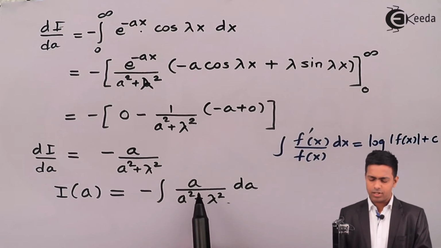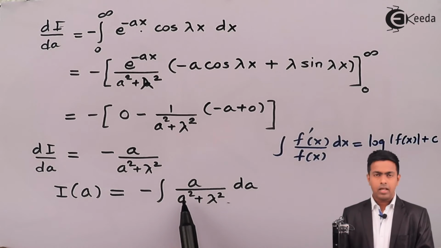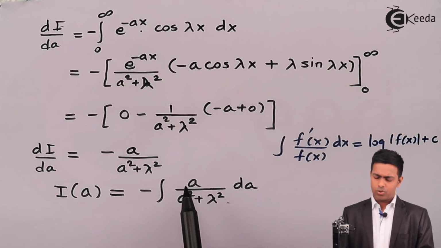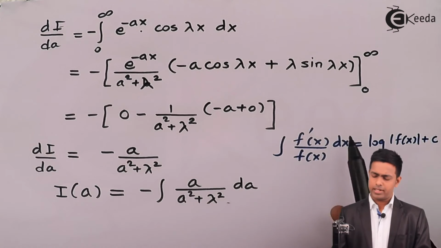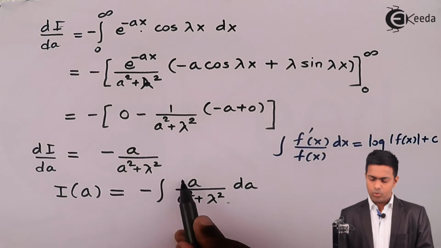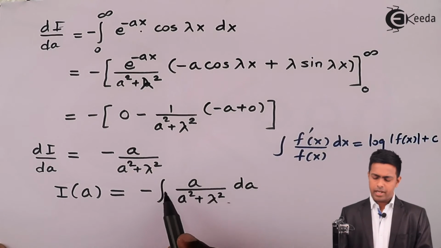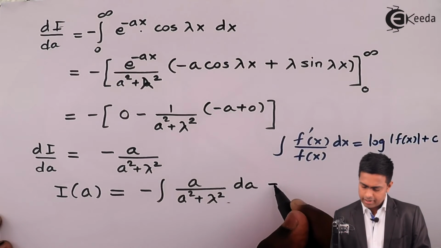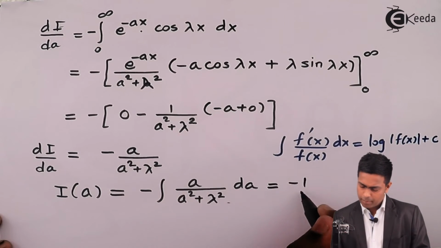So the derivative of this term is 2a, and the derivative of lambda square is 0. So here I must have 2a to apply the property, and to get 2a over here I'll multiply the numerator and denominator with 2. So I'll rewrite this term as minus 1 by 2.